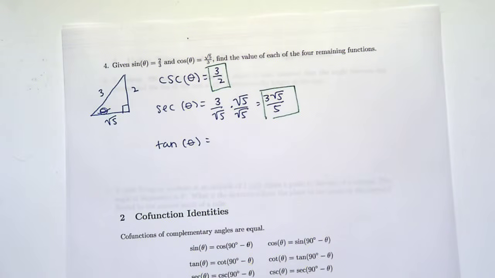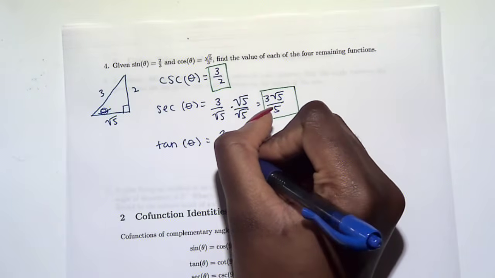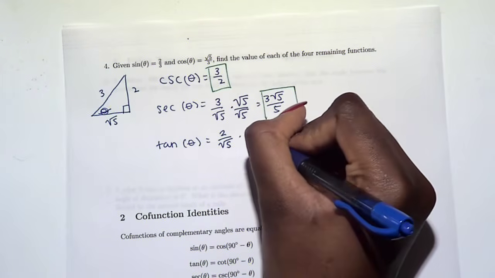So tangent theta, we will soon learn that it's sine over cosine, but for now, we can think of it as opposite over adjacent, so 2/√5. Rationalize that denominator.